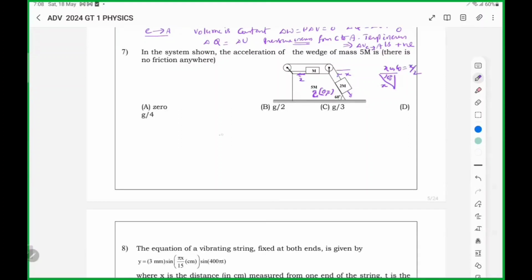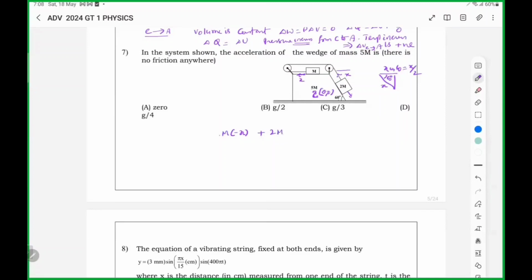So here it is, m mass moves towards left by x units. 2m mass horizontally, it moves by x by 2, 5m mass x2. But there is no external force. So center of mass still remains at the same point.